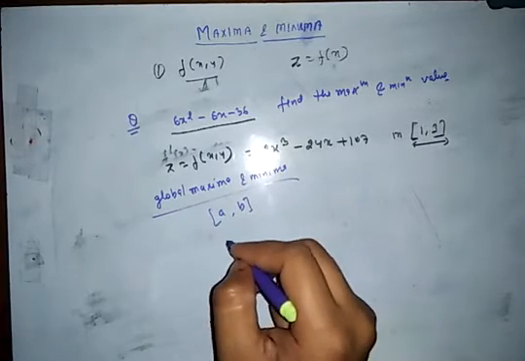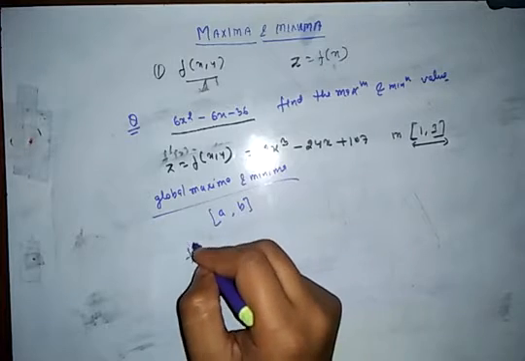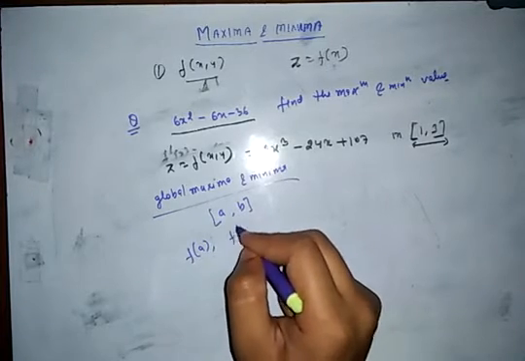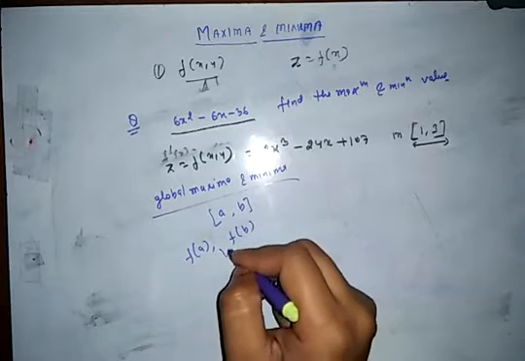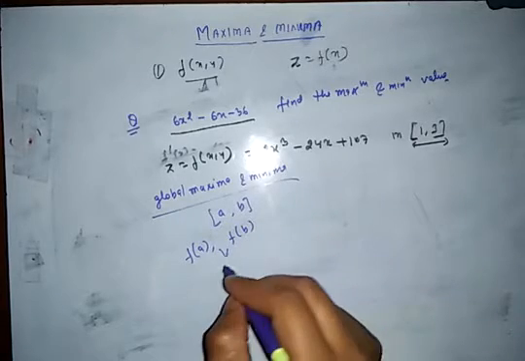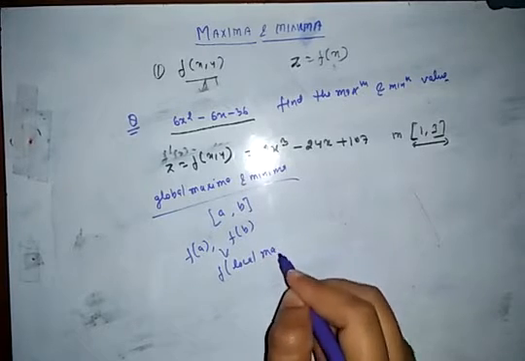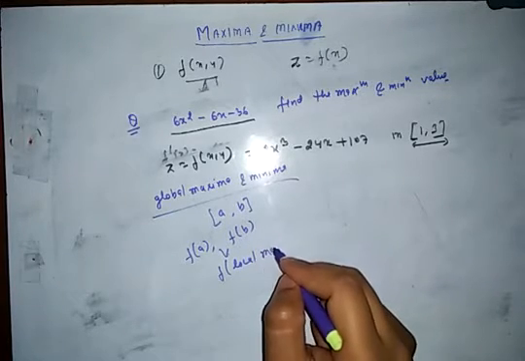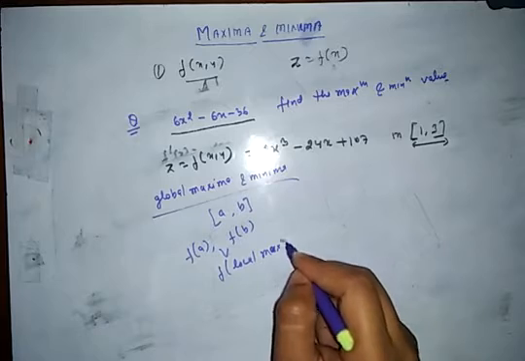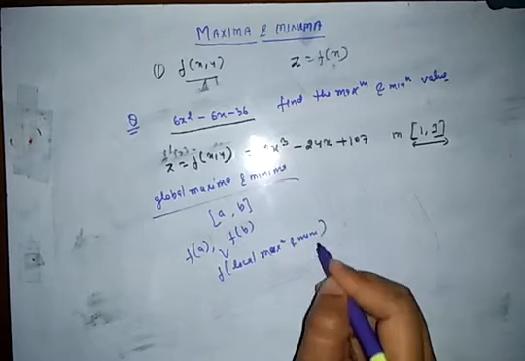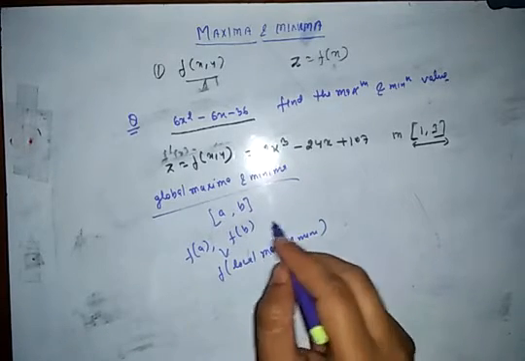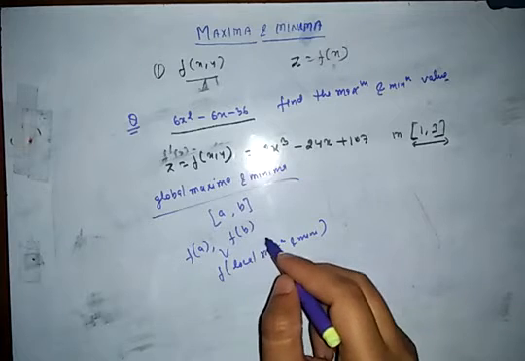For the global maxima, you have to find f of a, f of b, and then for the local maxima you have to find f of the local stationary points. After you have found all of them, you compare which one is greater.